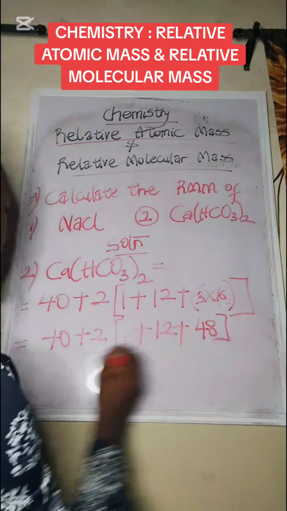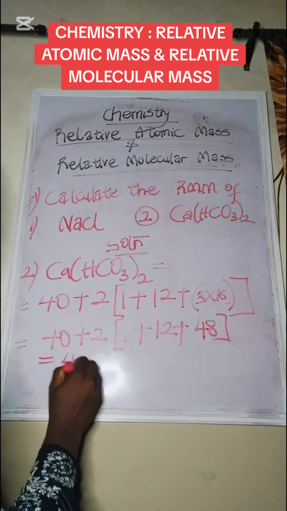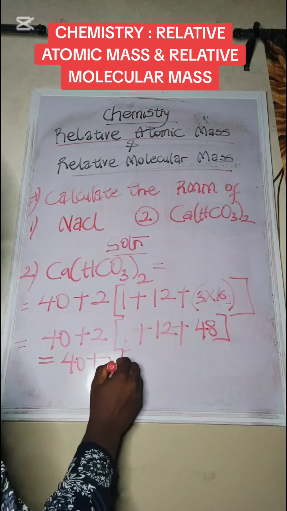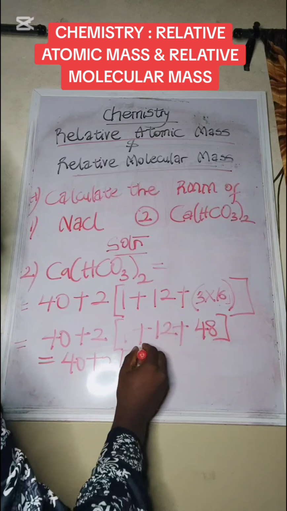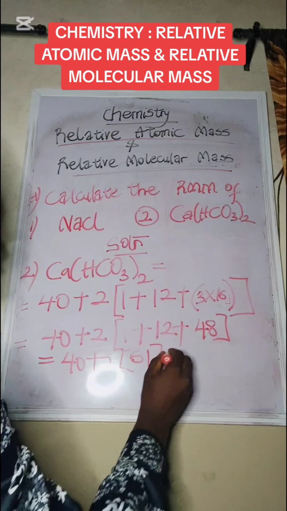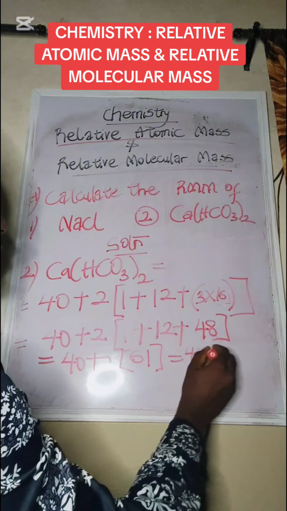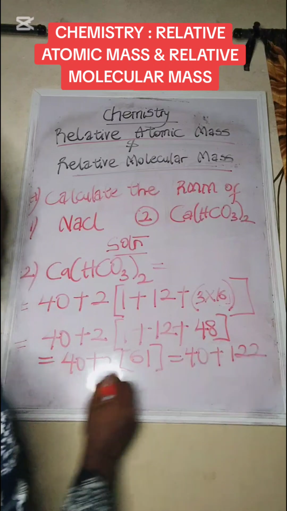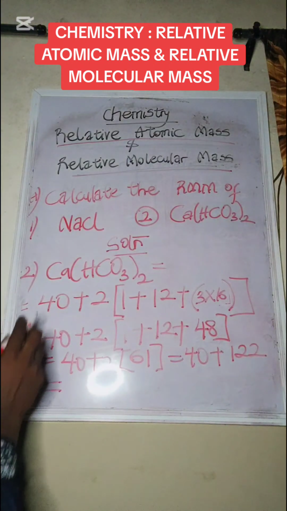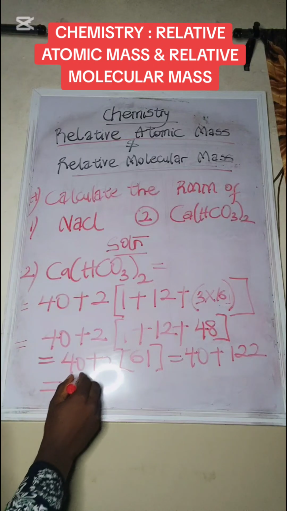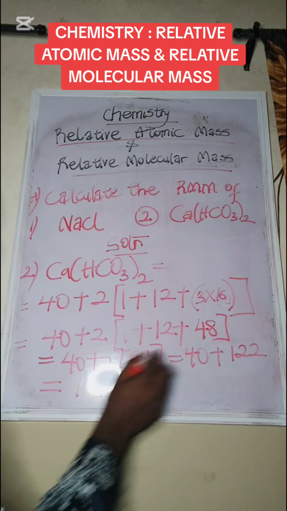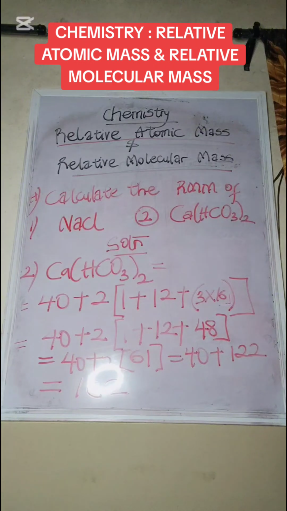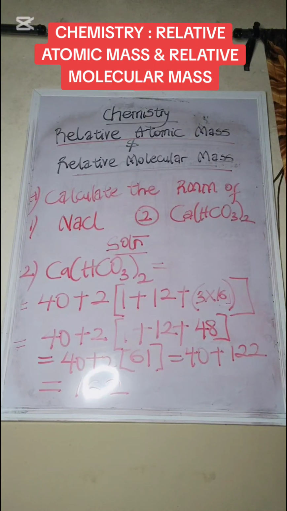Square brackets close, we have 40 plus 2 times 61, which is 122. So 40 plus 122, and at the end the relative molecular mass of this compound is 162. So that is the relative molecular mass of calcium hydrogen trioxocarbonate(IV).